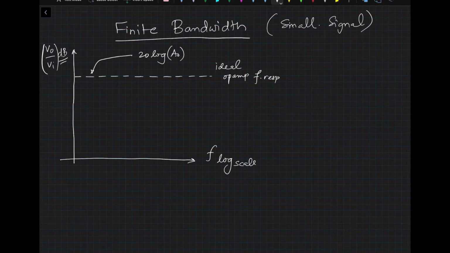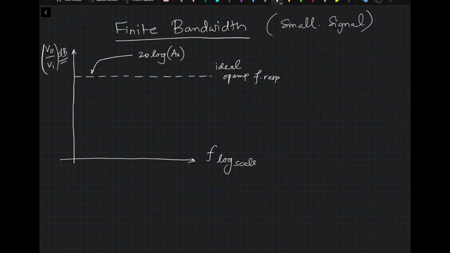But we all know that there will be some limitation. You're not going to get such a response. We will have some capacitive elements inside the op-amp, and that will cause this gain to drop, and we like to call that roll off.